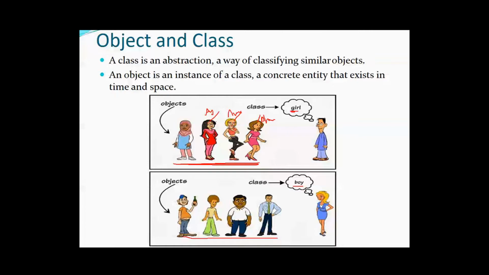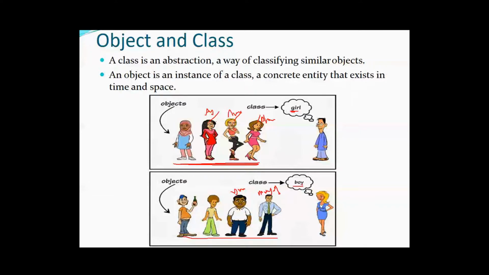Here, a boy is a class. An instance of the boy is, for example, Muayyad. And for example, Yusuf. They are all boys, instances of the class boy. I hope you can understand the meaning of instance from a class.